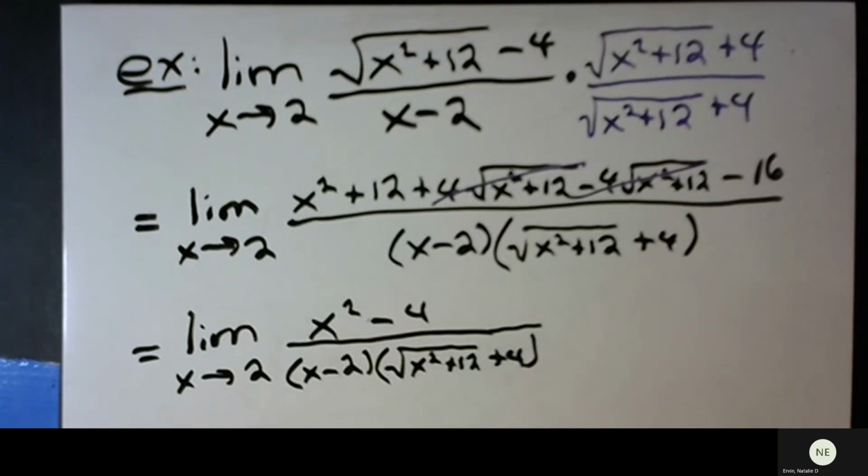And once again, we're going to get a difference of squares. This is a plus 4, believe it or not. 4 is 2 squared.